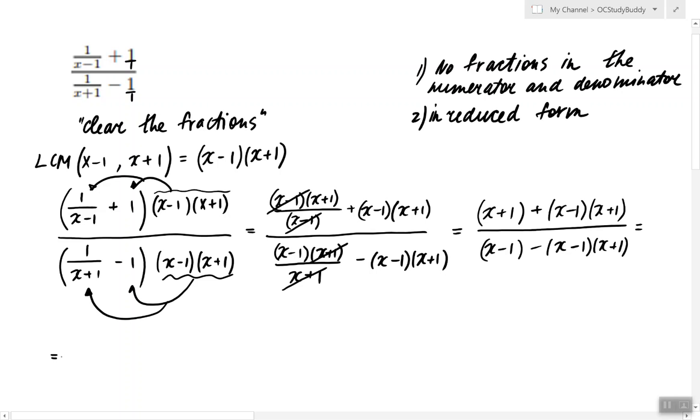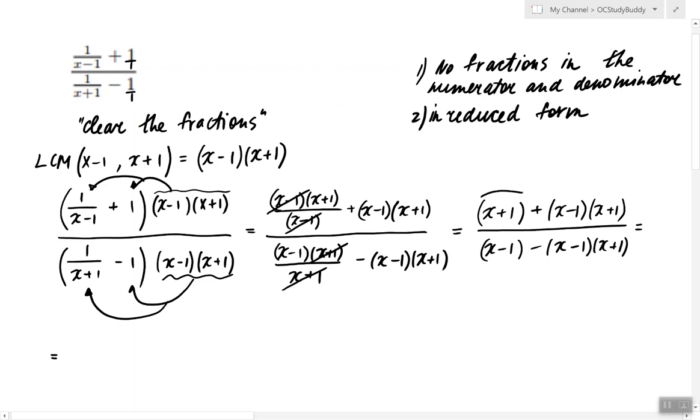So we fixed the first issue, and to check whether it is in the reduced form or not, we now have to factor the numerator and denominator and see if they have anything in common. Before I actually distribute everything, I noticed something here.